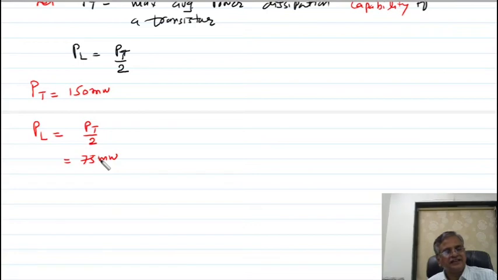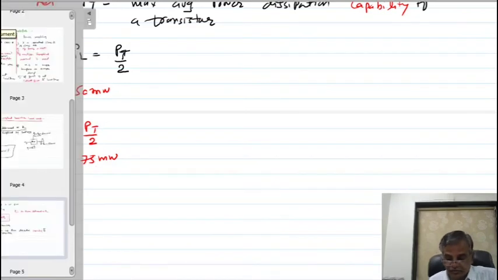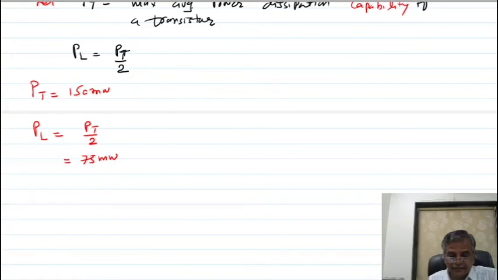Sir, can you keep a transistor of more than 700 milliwatt? Yes, you can keep it, it does not matter. But what is important is that at the most you can deliver PT by 2.